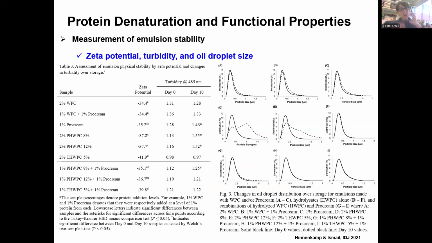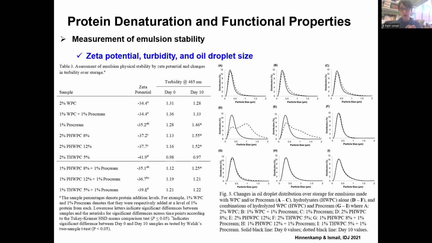So we form emulsions and we measure droplet size. And then we measure droplet size over storage. We store the emulsion, almost always under accelerated shelf life so that it's not a very long study, and we look at the increase in droplet size over time. We measure turbidity as well.